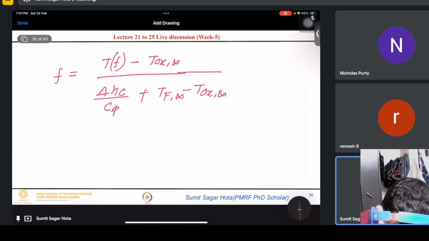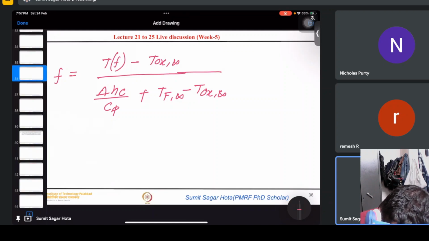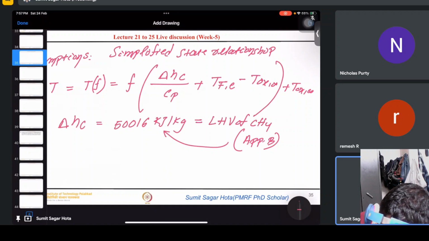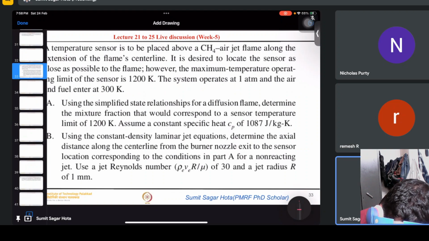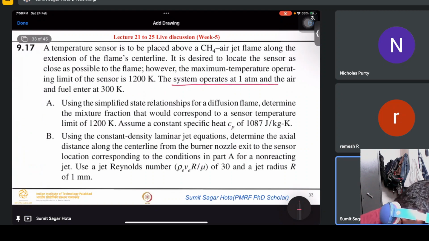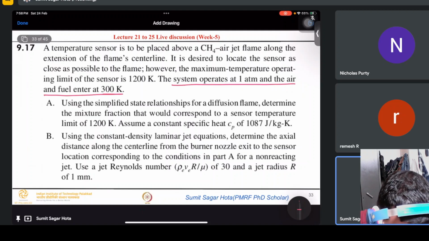Here in this question there is no separate temperature of the air; T fuel and T air are the same. Even in the question, if you see, the system operates at 1 atmosphere and the air and fuel enter at 300 Kelvin, so all are 300 Kelvin, fuel and air.